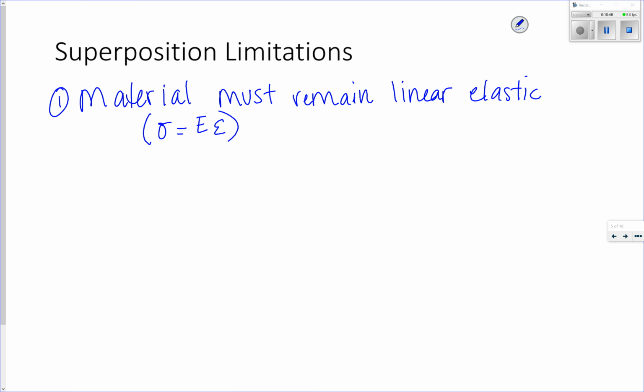That's a linear relationship. And why is that a limitation on superposition? We're going to come back to this slide in a second. Why is that a limitation on superposition?